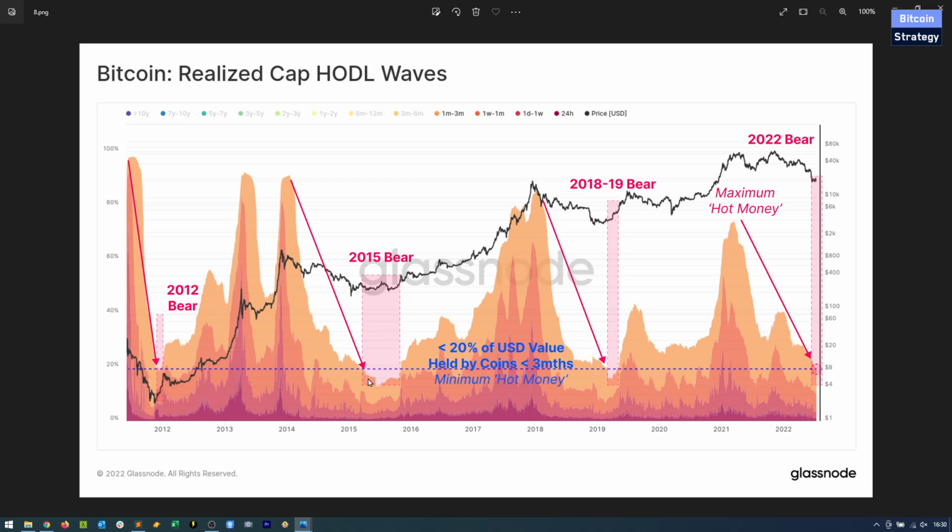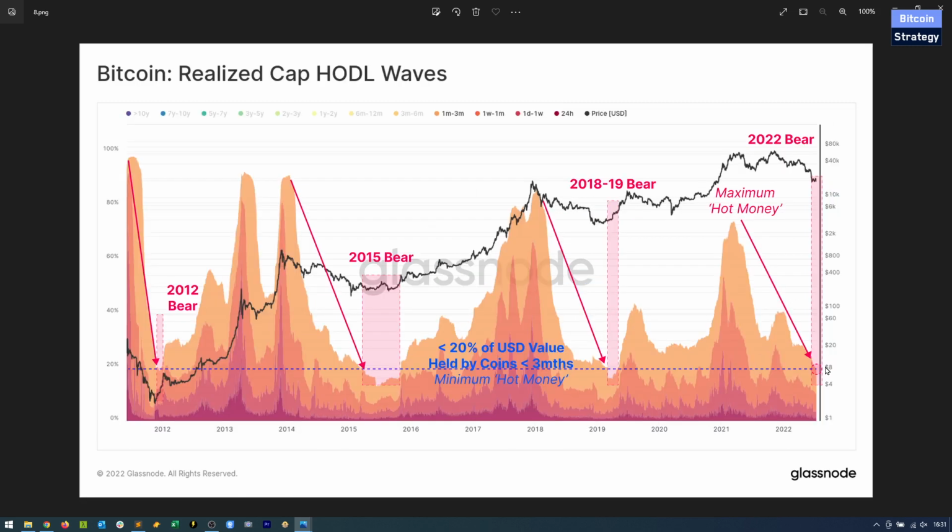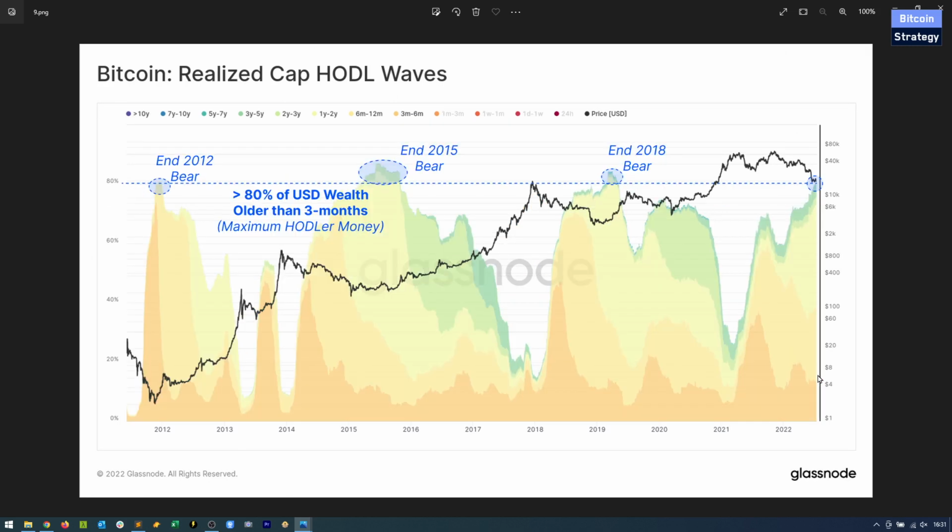Currently, we are again at a comparatively low level. We are entering this in a similar way to how we are entering being below the realized price. So we're just starting with very, very depressed prices, indicating now is the time to buy really heavily. Looking at the exact opposite, so at the wallets that hold Bitcoin for at least 6 months, right?